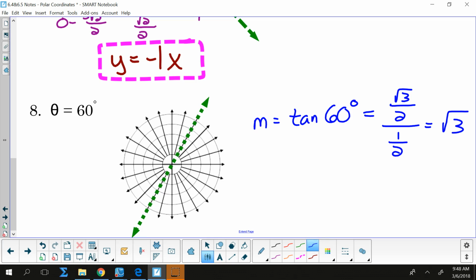Do I go through the pole? Yep, go through the pole. So then my equation is going to be y equals the square root of 3 times x.